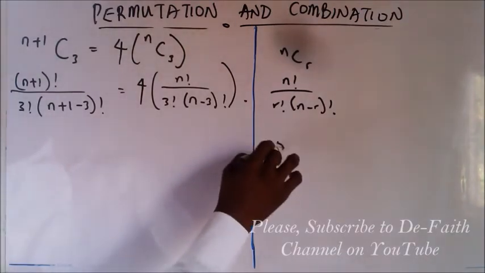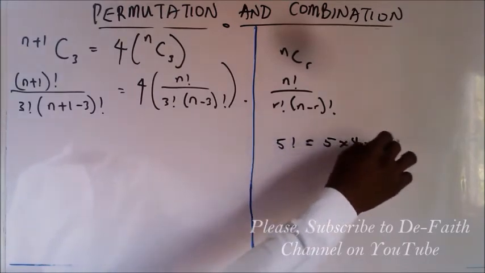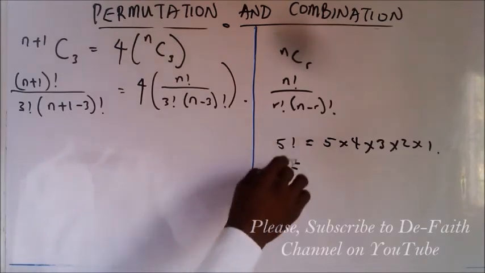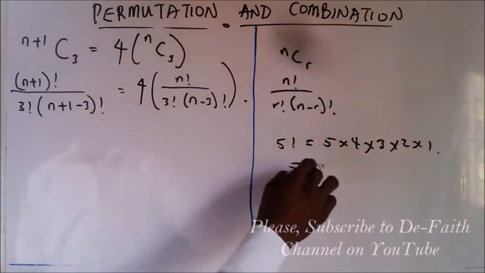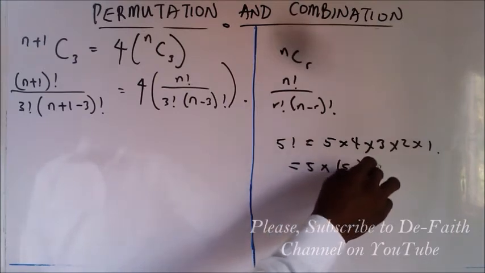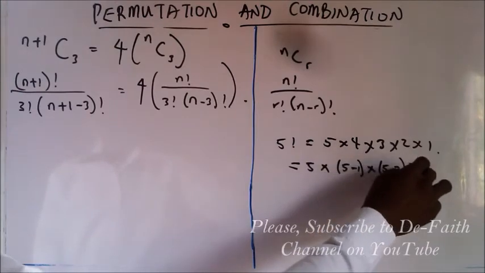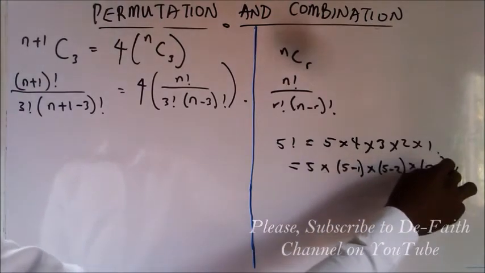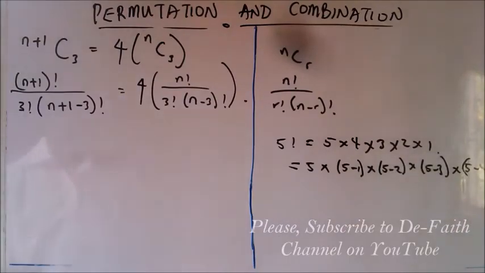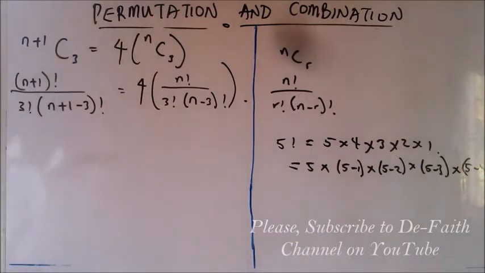If you have 5 factorial, it means 5 times 4 times 3 times 2 times 1. Or we could say that 5 factorial means 5 multiplied by 5 minus 1 multiplied by 5 minus 2 multiplied by 5 minus 3 multiplied by 5 minus 4. And so we could use this approach to work this out.